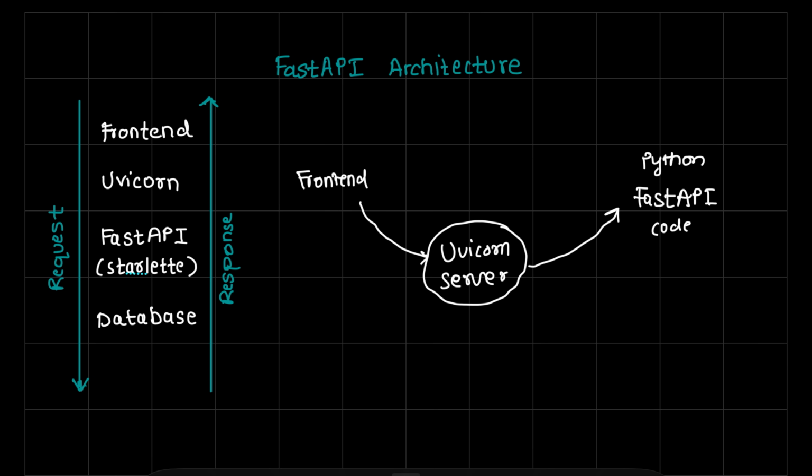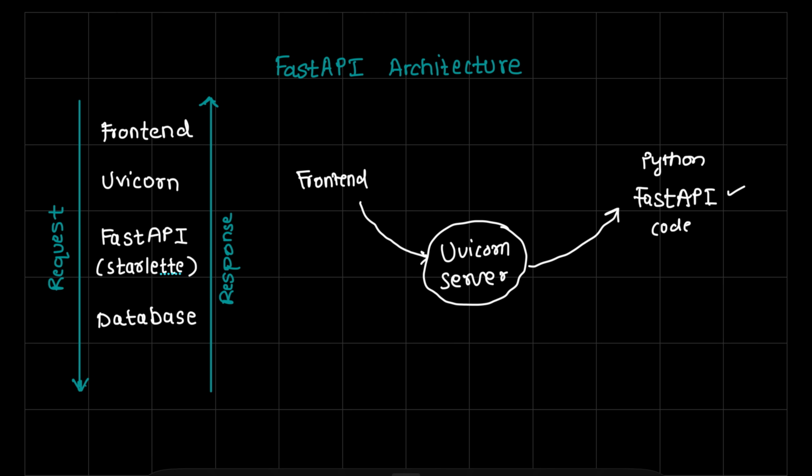This is the Uvicorn server present in our FastAPI architecture. This Uvicorn server is mostly written in Python, and it is responsible for handling the network communication. Whatever request is coming from the client side is passed on to your actual application code, that is your FastAPI code.